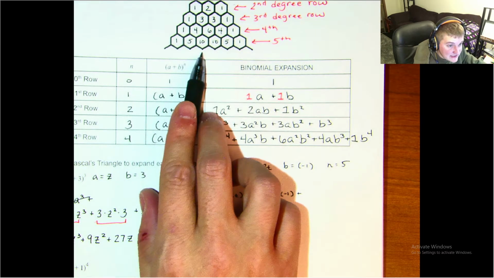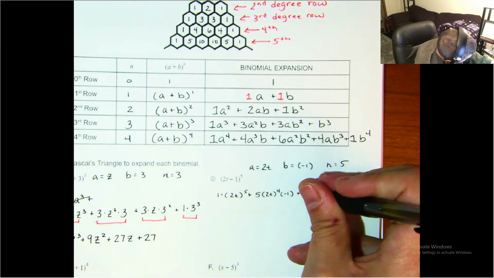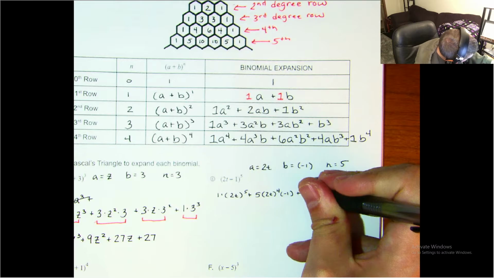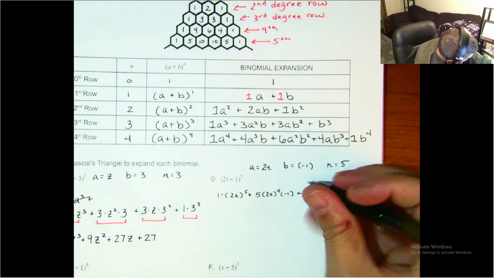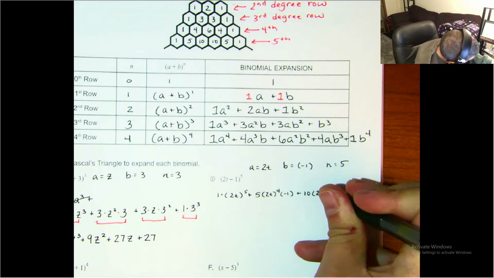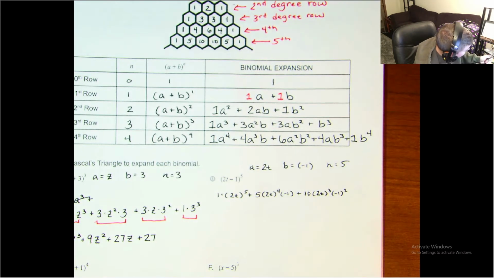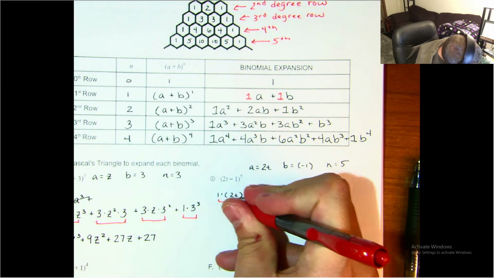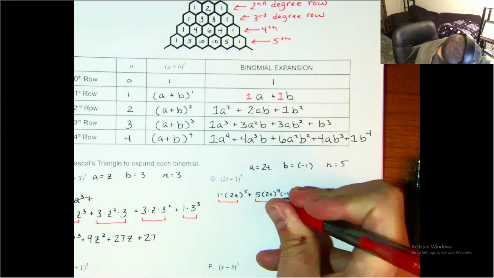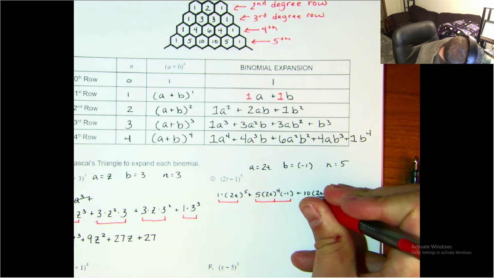Okay, so then 10 here. We're going to go 10 times 2t to the 3rd, and then times -1 squared. So here's my first cell, here's my second cell, here's my third cell.